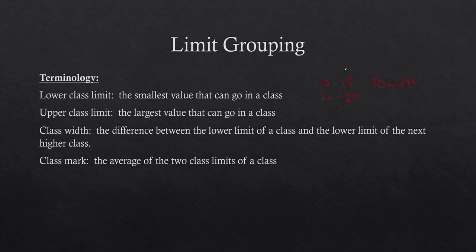Okay, it's the difference between the lower limit of this class and the lower limit of the next higher class. So 20 minus 10 is how we got that number right there. Okay. Now the class mark is the average of the two class limits. The average.